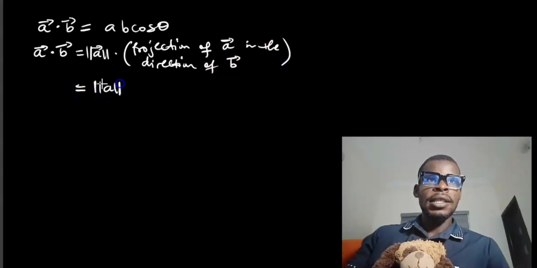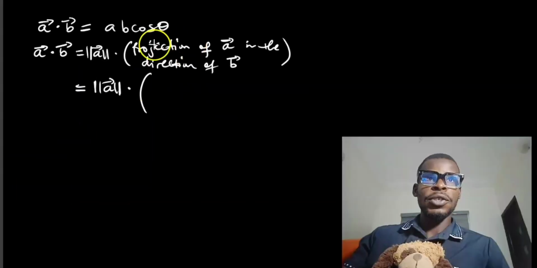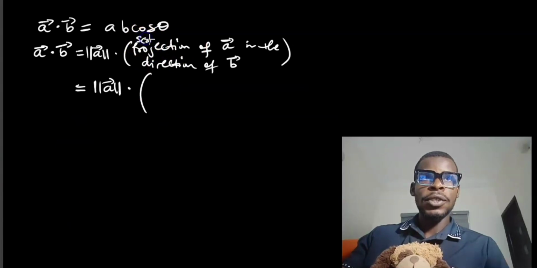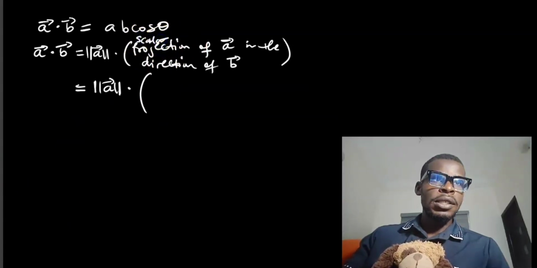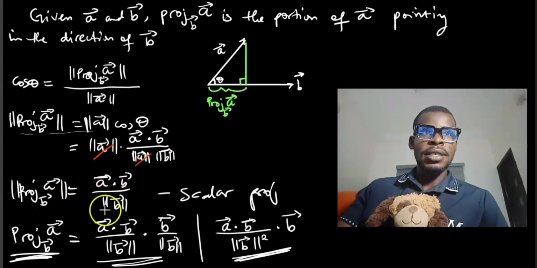So let's see. This is the length of vector A. We multiply it by, now what is the scalar projection? Not just any kind of projection. I should say a scalar projection, please. So what is the scalar projection of vector A in the direction of vector B? This is it. So I'll just substitute that.